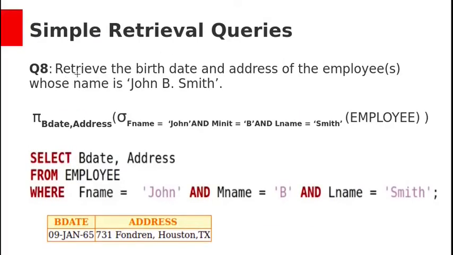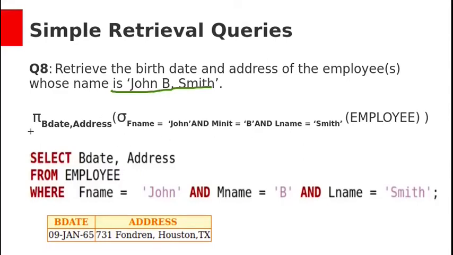See this query. Retrieve birth date and address of the employee whose name is John Smith. This query has 2 conditions, filtering of rows and filtering of columns also. So we need to apply the selection operator and projection operator both.